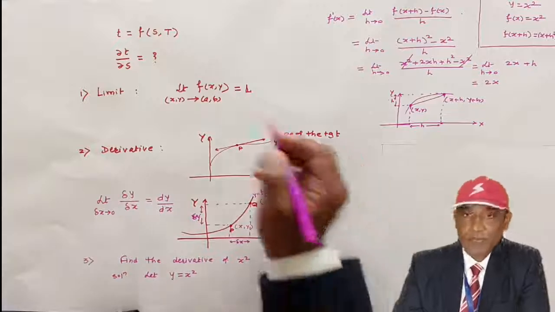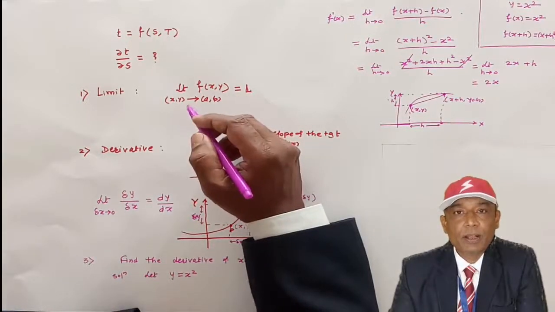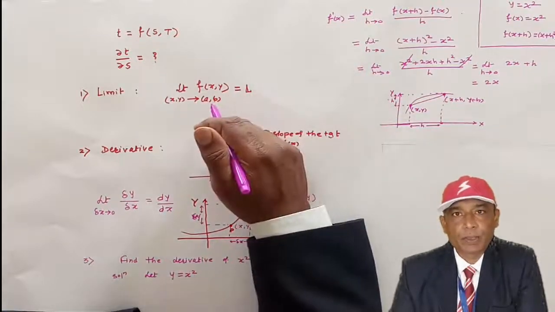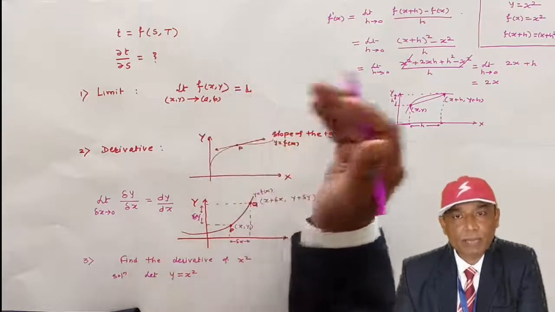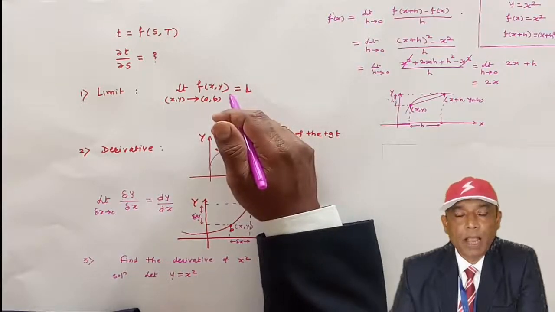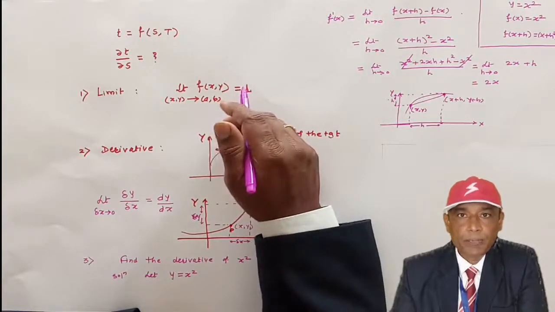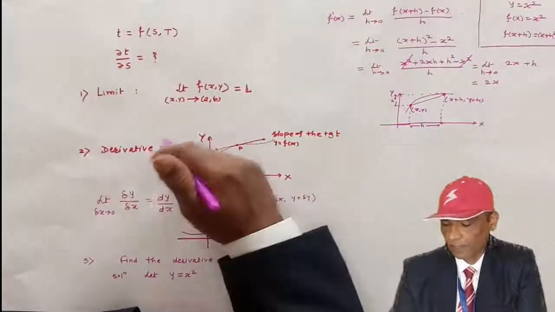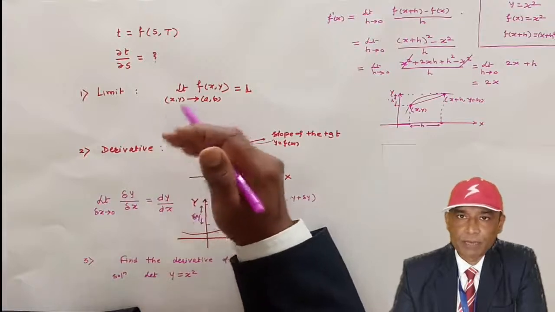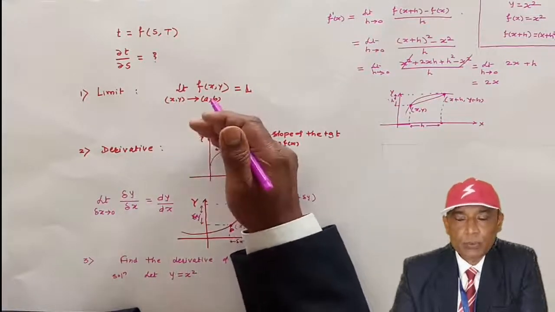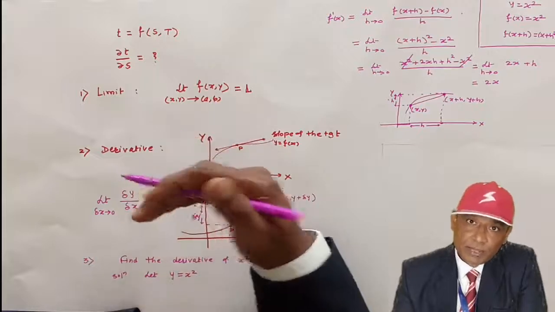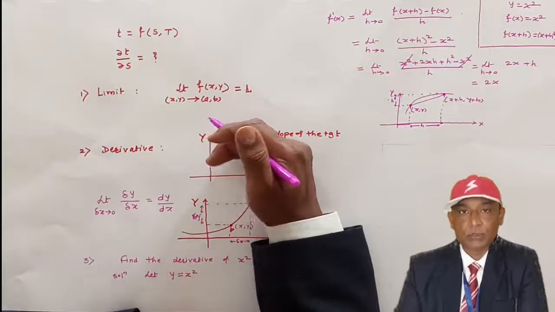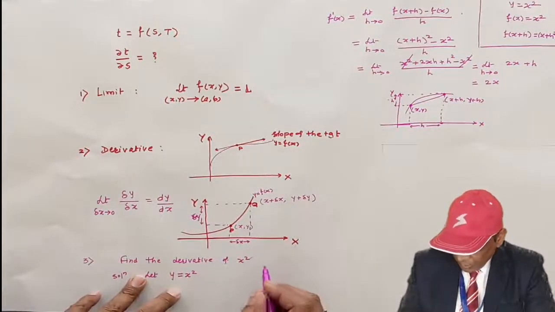What is partial derivative? If y is a function of several variables, and we take the derivative of y with respect to one of those variables keeping other variables constant, that is what is called the partial derivative.